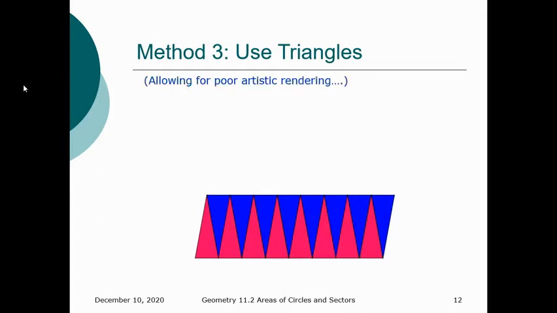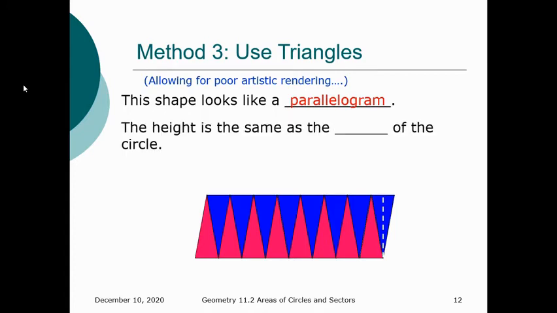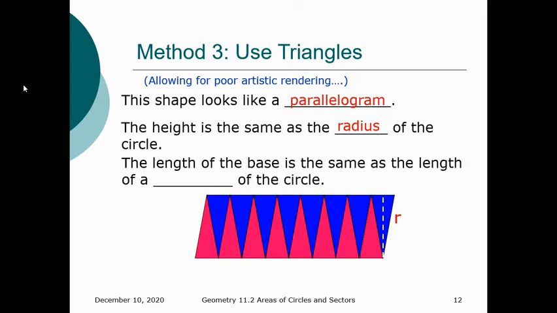Allow for poor artistic rendering, and this shape looks like a what? That's right, it looks like a parallelogram. And the height is the same as the what of the circle? That's right, it's the same as the radius. And the length of the base is the same as the length of a what of a circle?